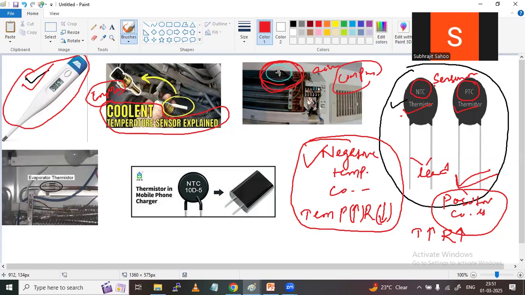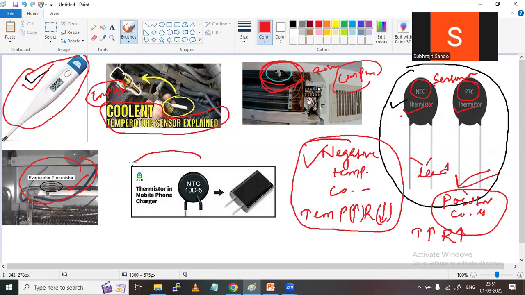Based on the inside room temperature, the compressor automatically turns off and on, and the thermistor sensor is doing that. This is also used in the refrigerator, the same for compressor off and on.